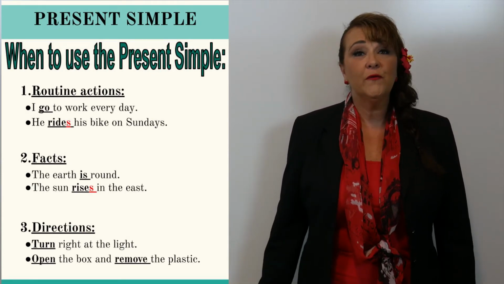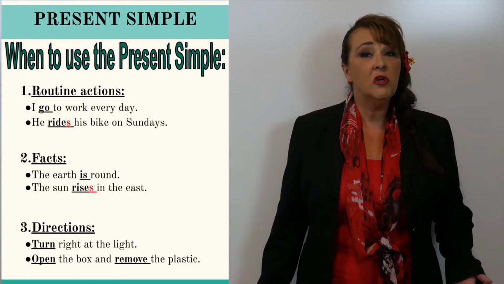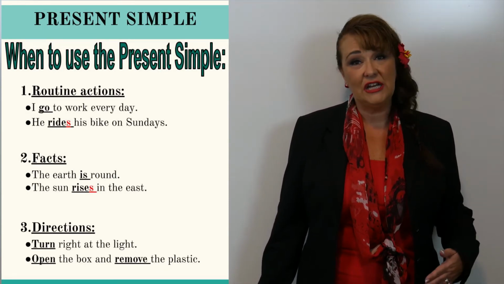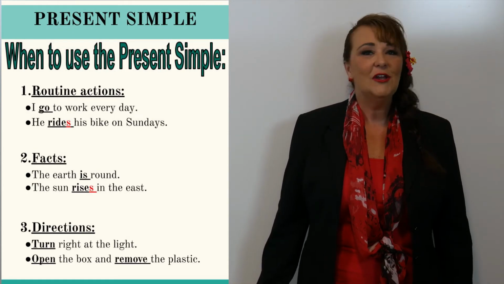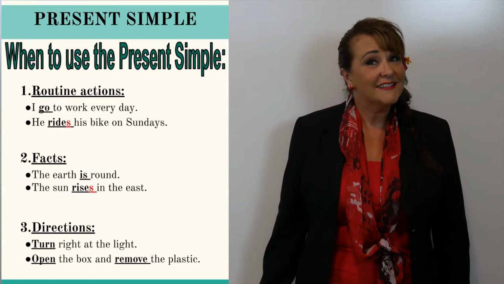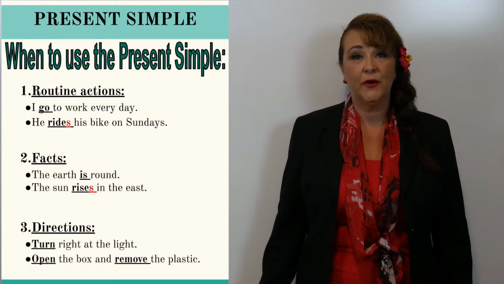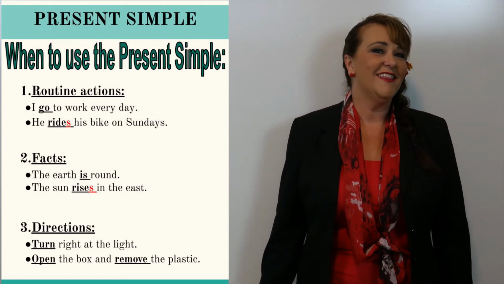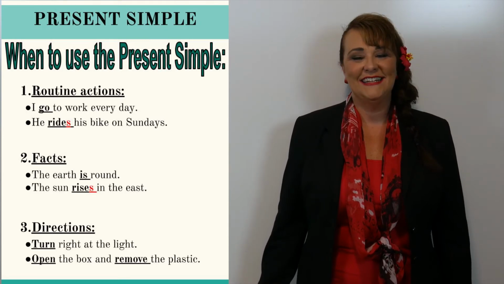Now, don't forget that when you're using the third person singular, he, she, or it, you must add an S to the end of the base verb, like in he rides and the sun rises.